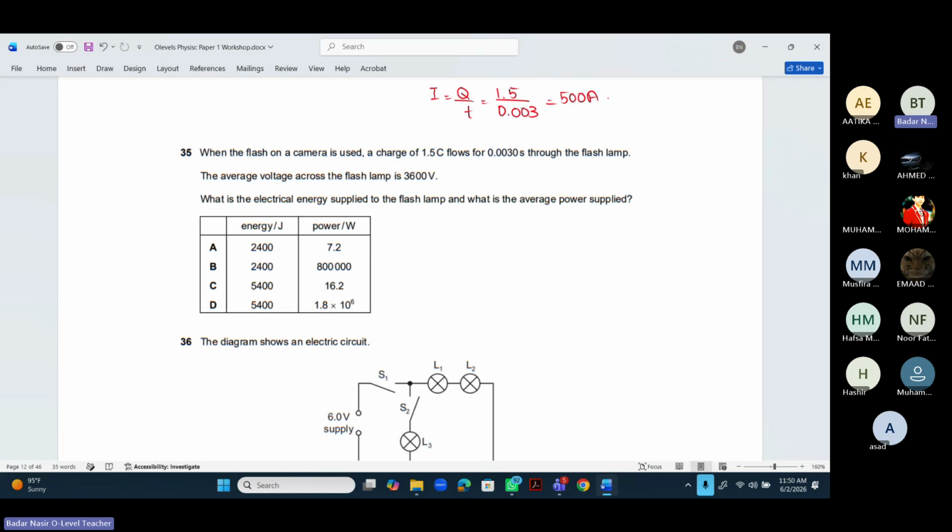The average voltage across the lamp is this. What is the electrical energy supplied to the flash lamp, and what is the average power supplied?